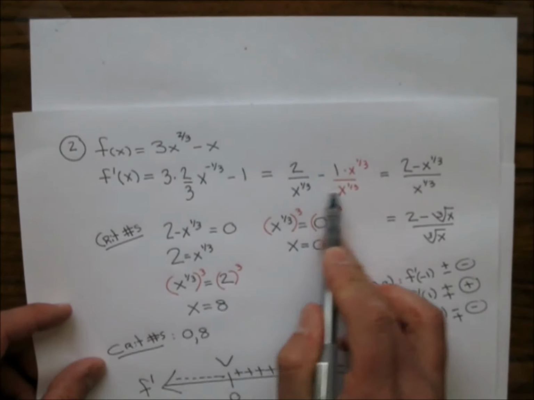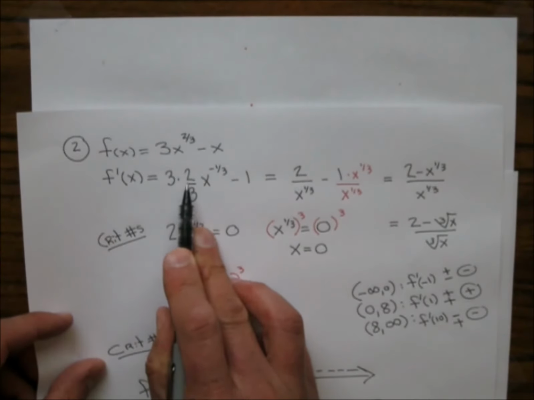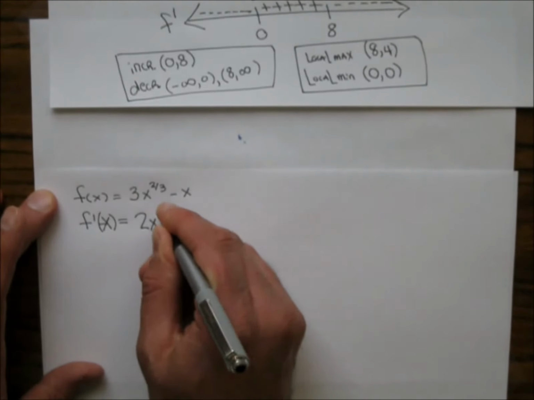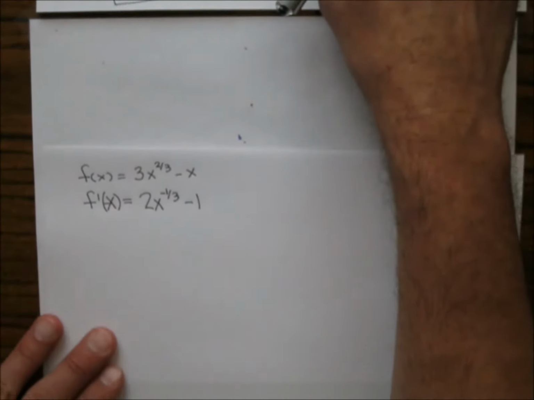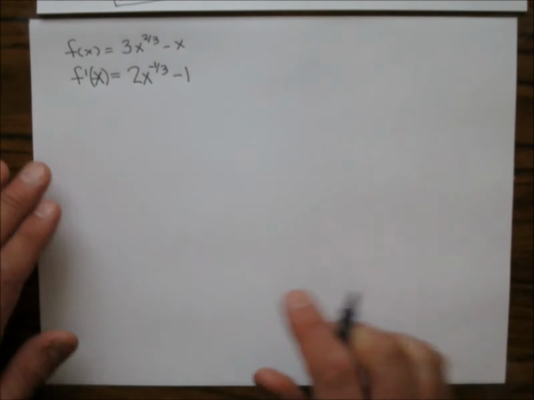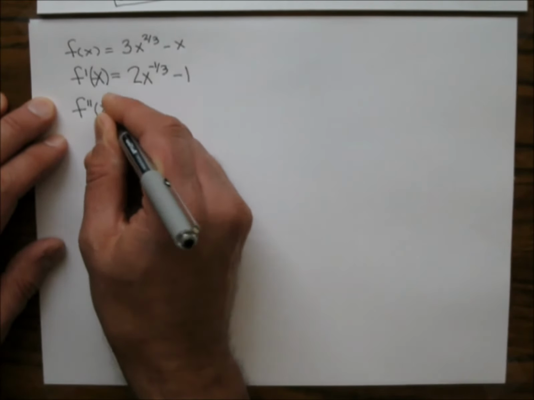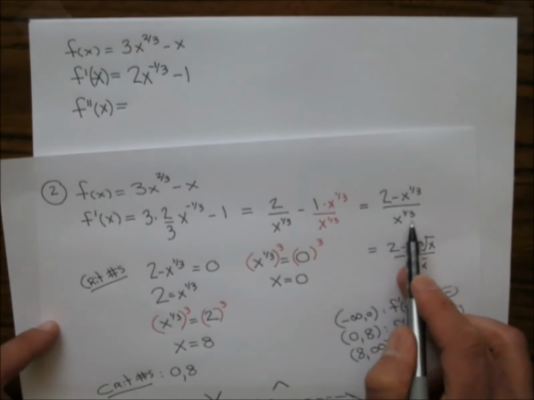It was this, and then this, and then this, and then this. So I'm actually going to write this one out. I'm going to write 2x to the negative 1/3 minus 1. Okay, so that's what I have for my first derivative. Why am I writing that? Because I need to calculate the second derivative. And I don't want to do, sure, the first derivative looks like this.